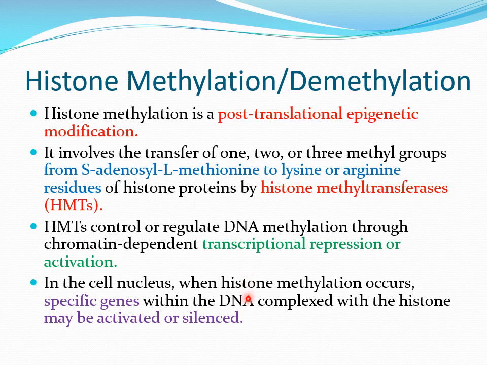So in the cell nucleus, when histone methylation occurs, there are specific genes which may be activated, and at the same time there may be other genes which on methylation get silenced, and demethylation exerts the reverse effect. So this is the second type of modification.